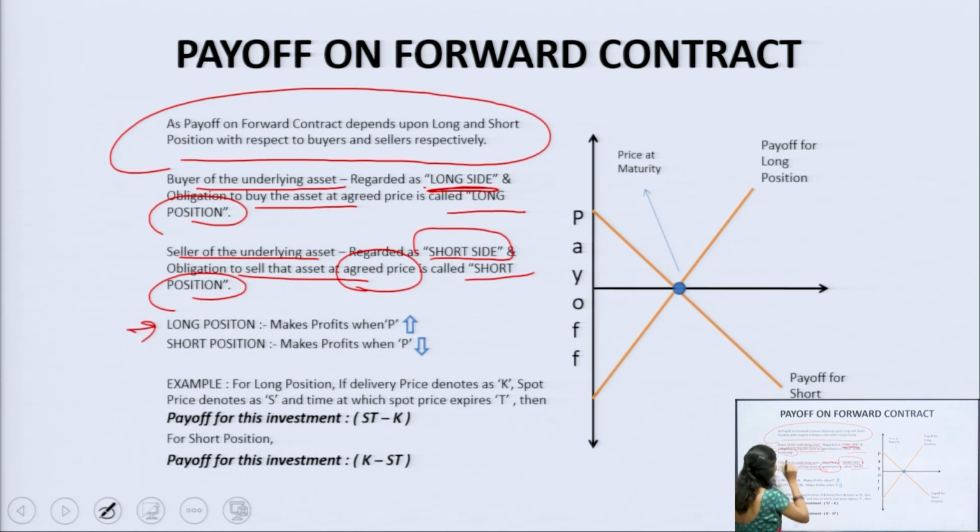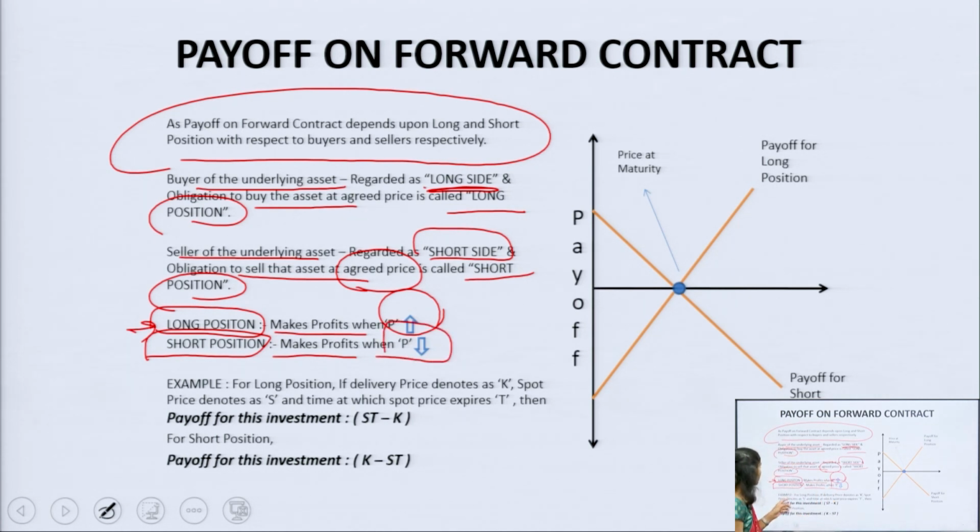So in that payoff condition, in the long position they make a profit when the price increases, and in the short position they make a profit when the price decreases. As an example, there is a formula which denotes the payoff for the long position on your investment.